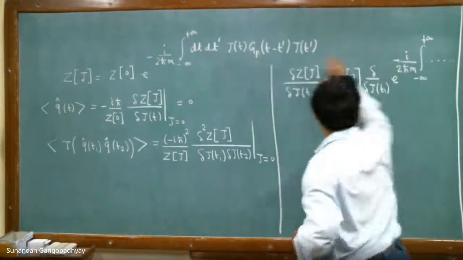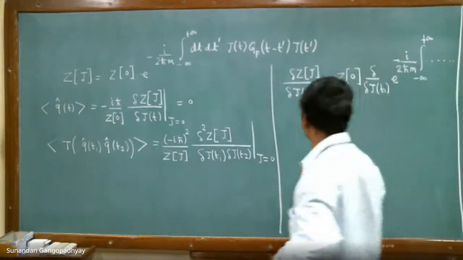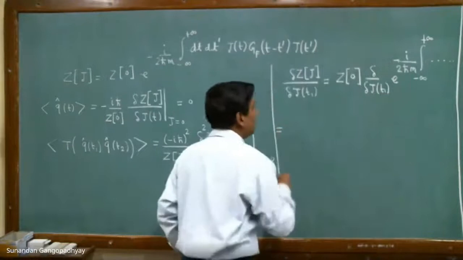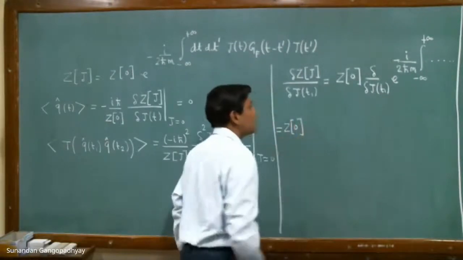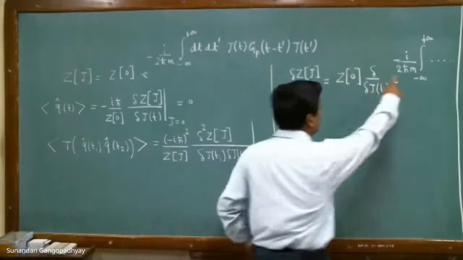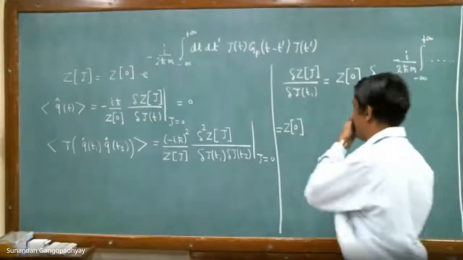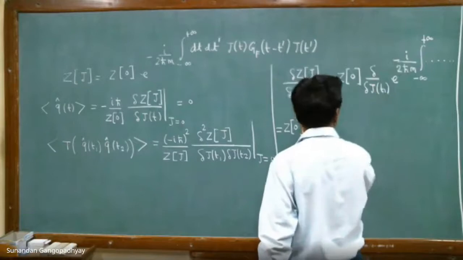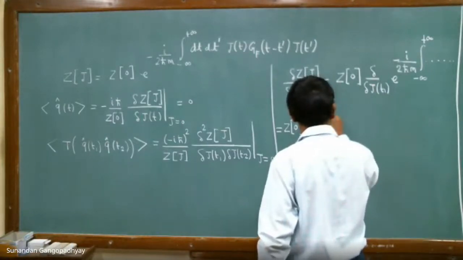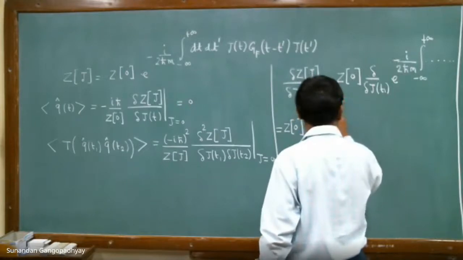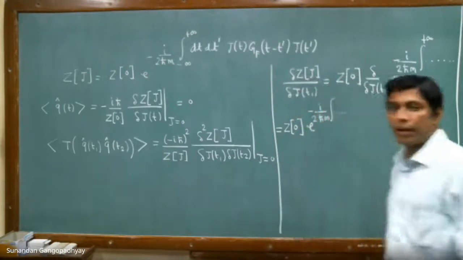This thing is there, I'm not writing it anymore. So that will be equal to Z of this. And when you functionally differentiate, we will get back the exponential factor.